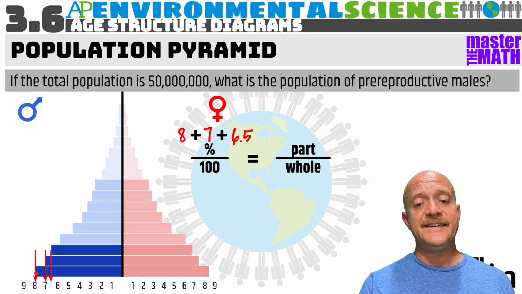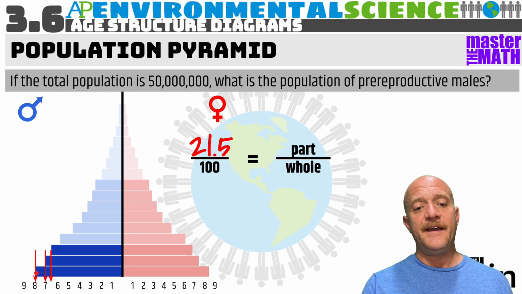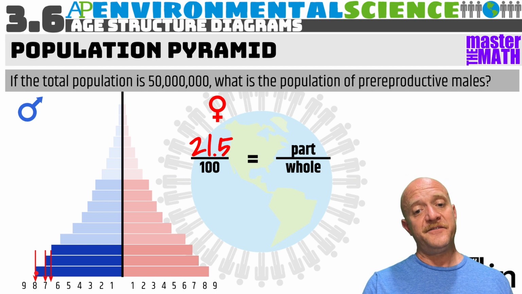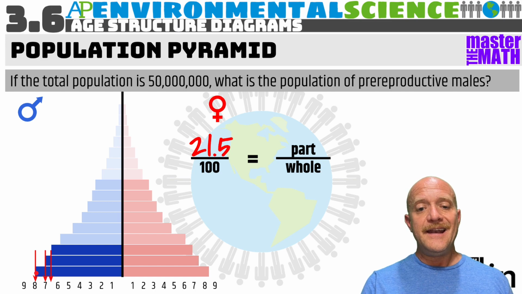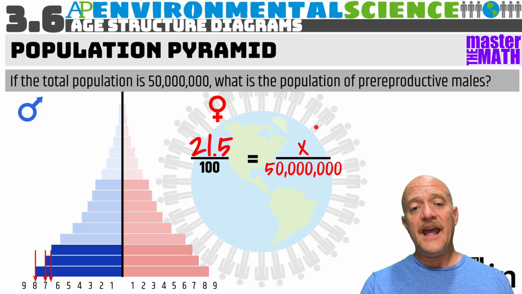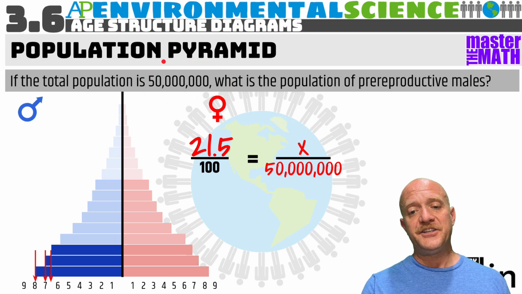So what percent is that? That is 21.5%. So roughly 1/5 of this population is pre-reproductive males. Now we want to figure out the other part, so our part and our whole. Our part is actually unknown, and the whole is the total population.